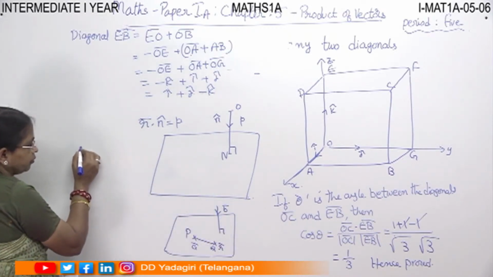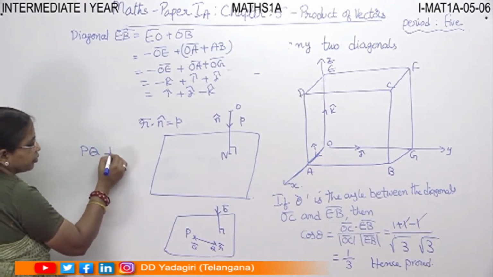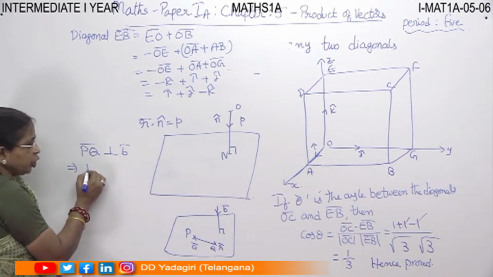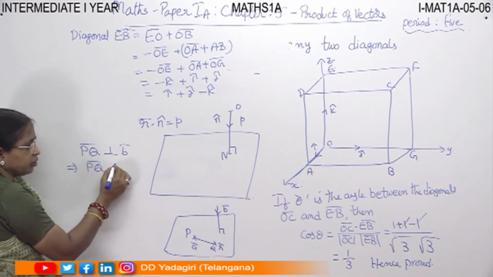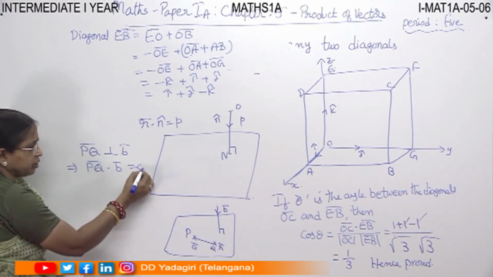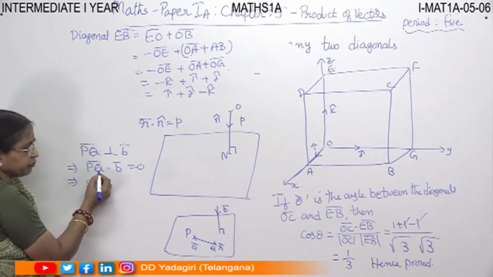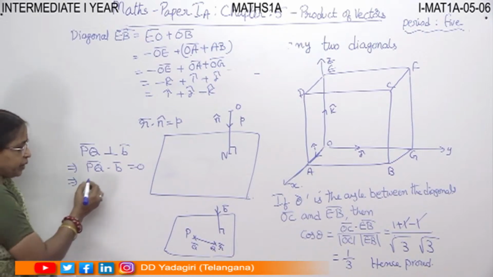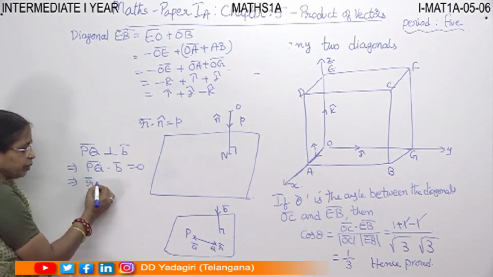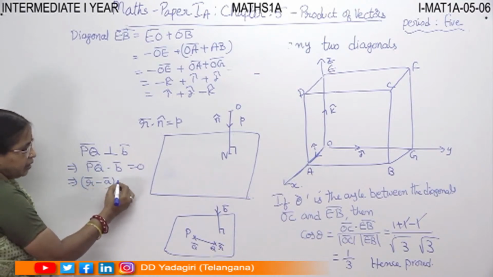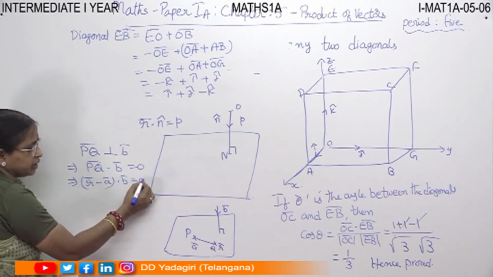So PQ vector is perpendicular to B. So PQ dot B is equal to 0. But what is PQ? Position vector of Q minus position vector of P. So r minus a dot B is equal to 0.